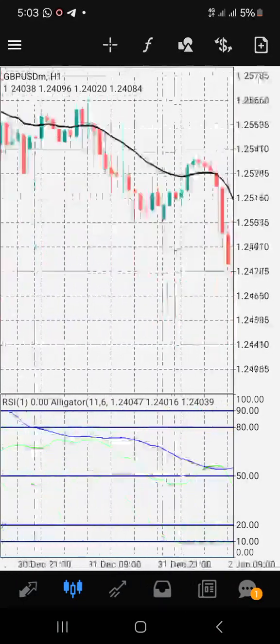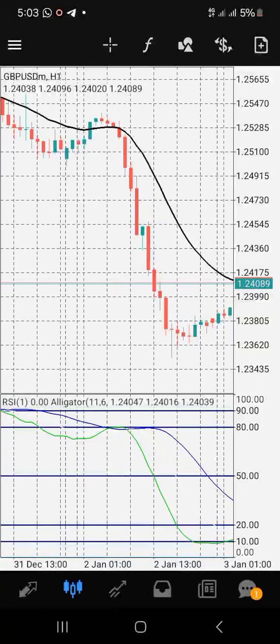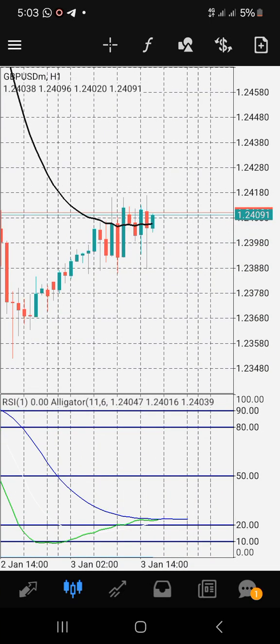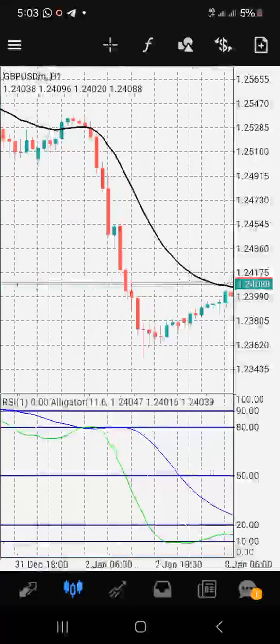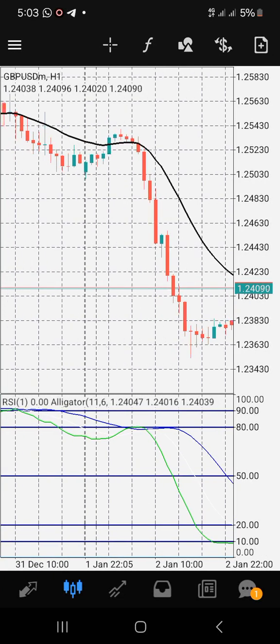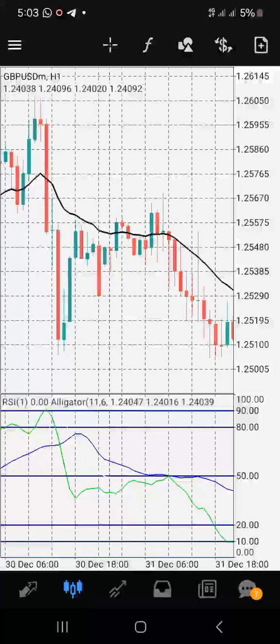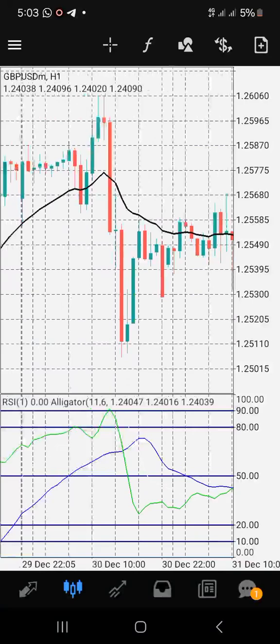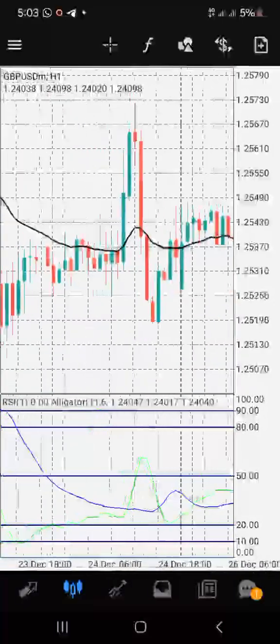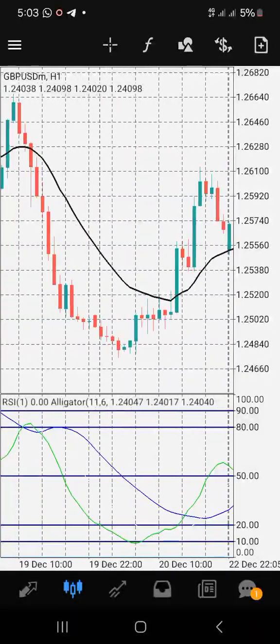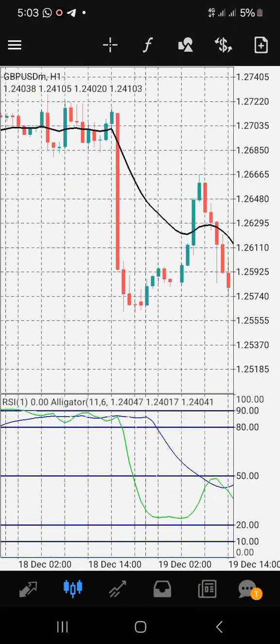Now we said that candlesticks represent price movement, and there are different types of candlesticks like the doji, the hanging man, the hammer, the harami, and the marubozu. Those are individual candlesticks, but you can see that candlesticks occur individually and also as a group.